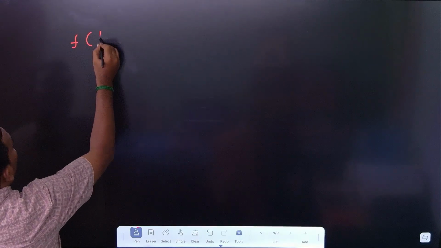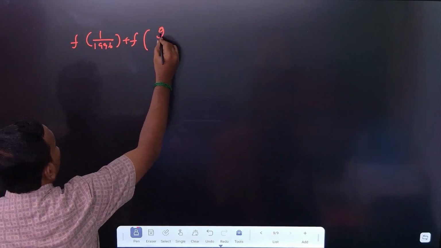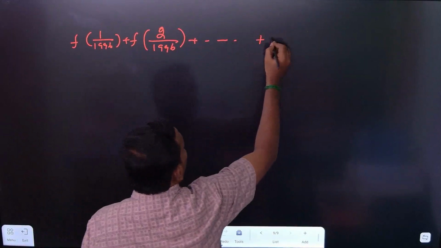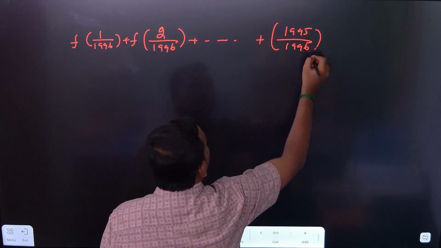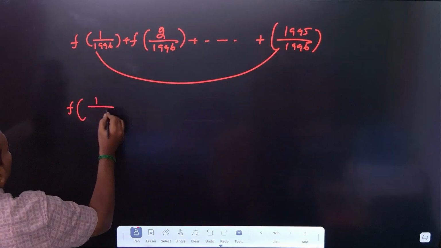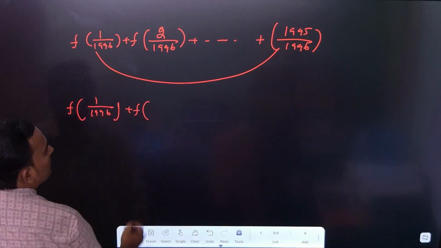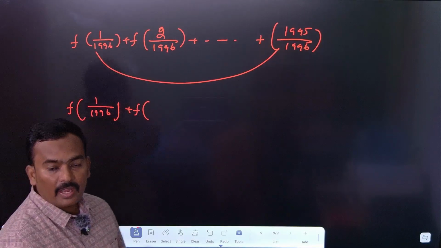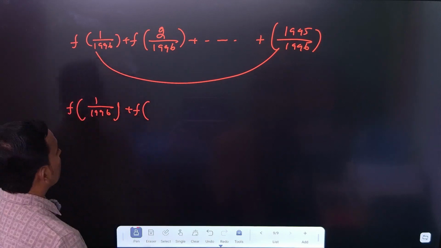We'll see here. First one you can see f of 1 by 1996 plus f of 2 by 1996, and so on up to f of 1995 by 1996. You can compare the first and last. f of 1 by 1996 plus f of 1995 by 1996. How to write? 1 minus 1 by 1996 we can write.